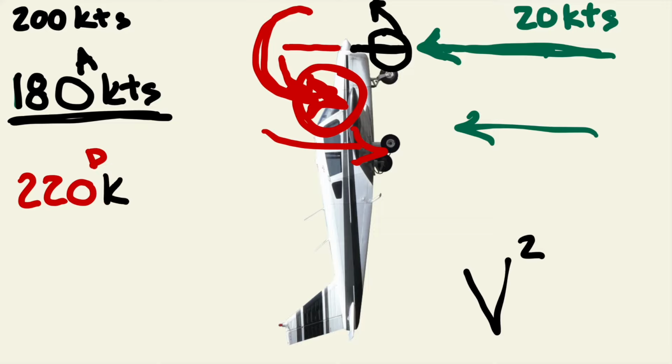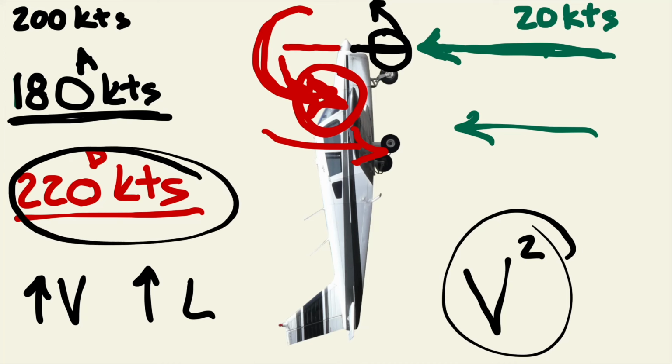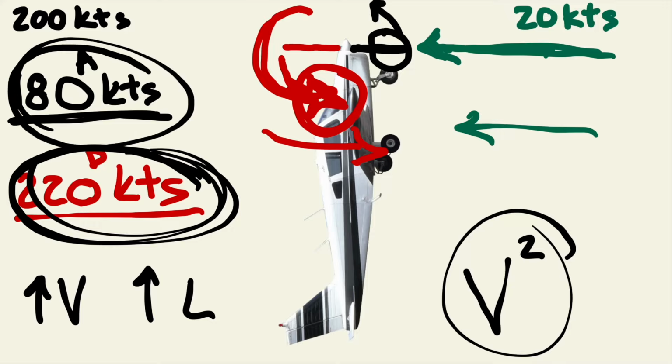Now you can probably see what's happening here. Remember, when velocity increases, then our lift is also going to increase. So our descending propeller blade is moving faster relative to the air around it than the ascending propeller blade is.